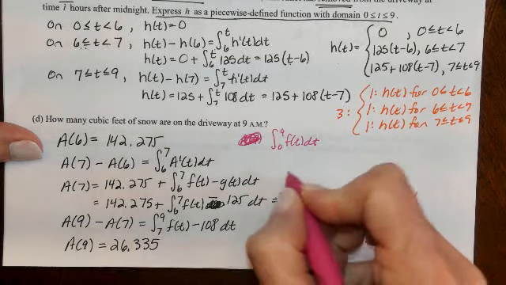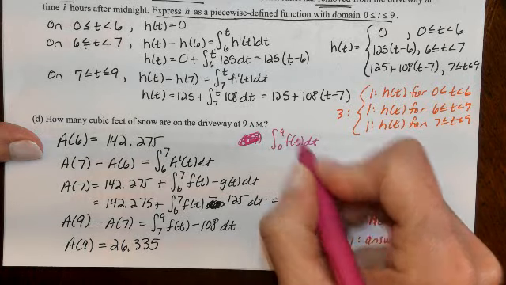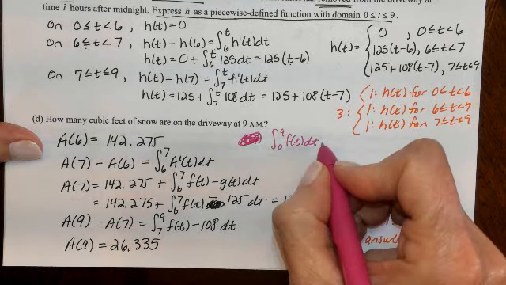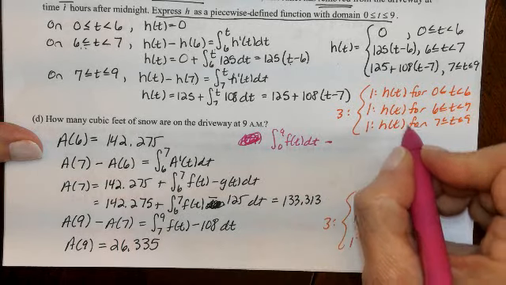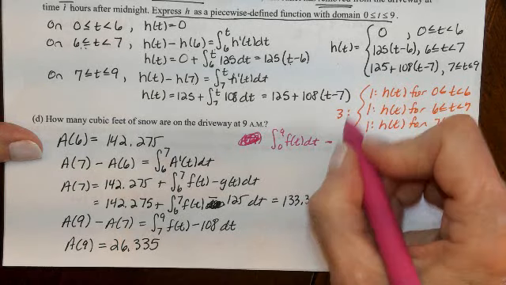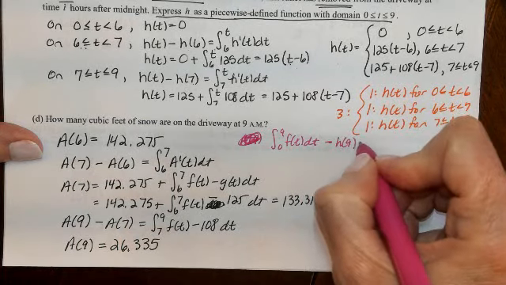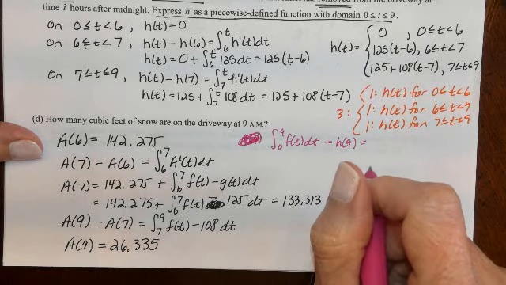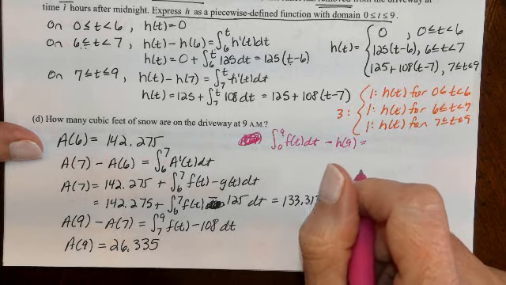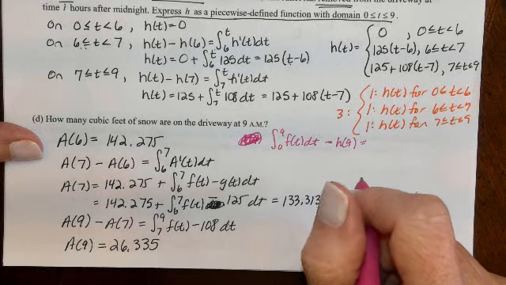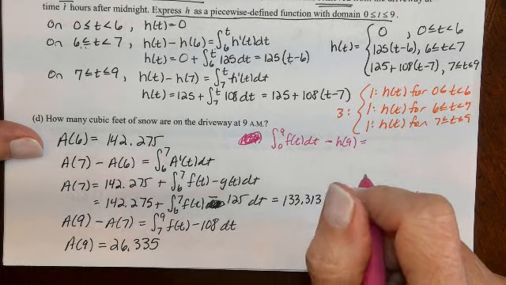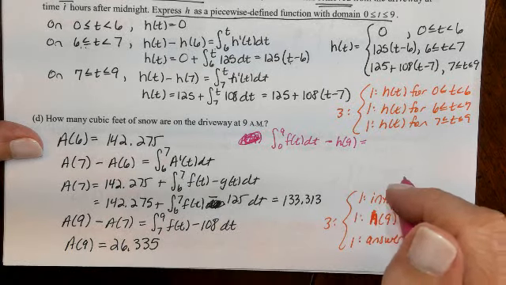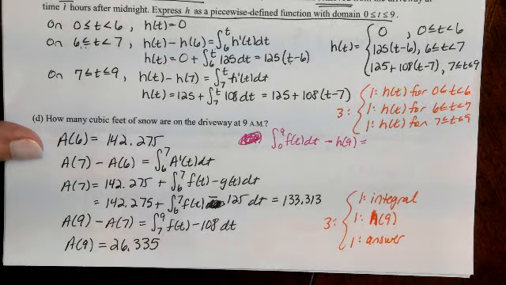And then we could have just taken that and subtracted out h of 9. And that would have given us our answer all in one fell swoop. It's a little bit more elegant than my way of thinking. Now, I think my way works.